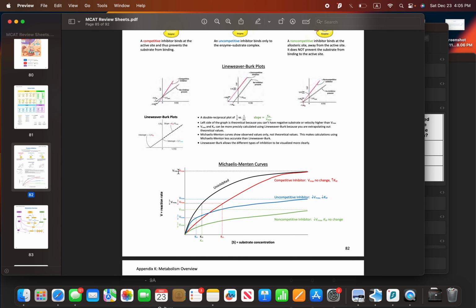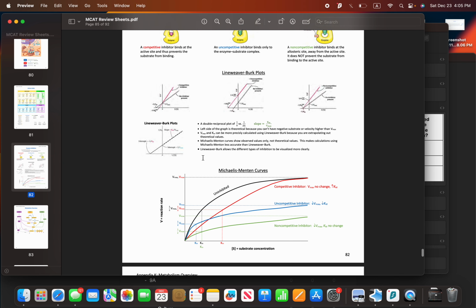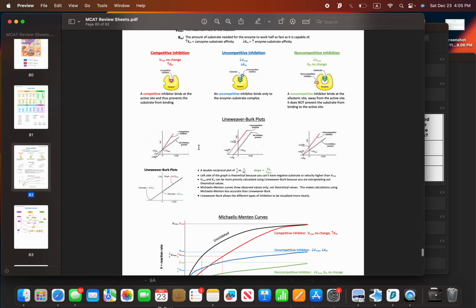How does it do so? Is it explained here? Yeah, so these are the main differences. The competitive inhibitor binds to the active site and prevents the substrate from binding.